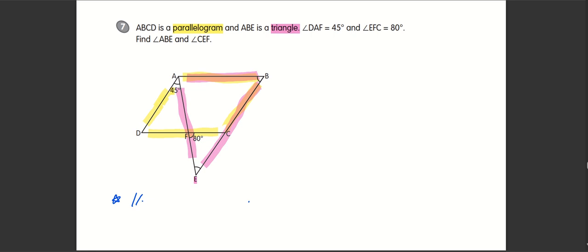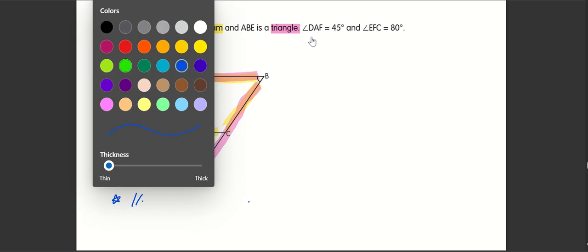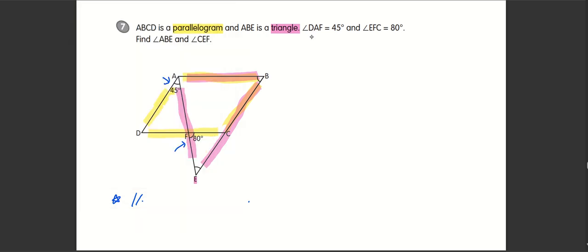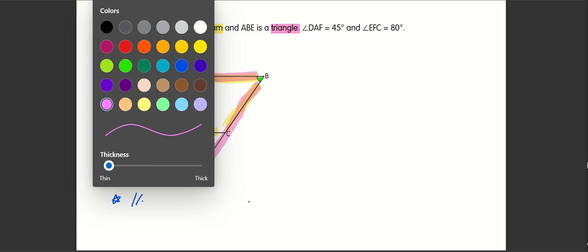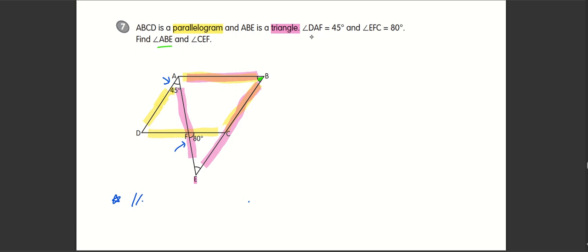Then you have the known angles, 45 degrees here, and 80 degrees here. The unknown angles, ABE, and CEF here. I'm coloring them so they can be seen a bit better.